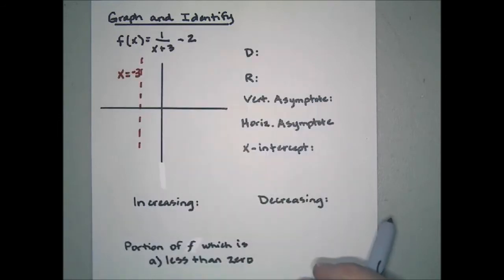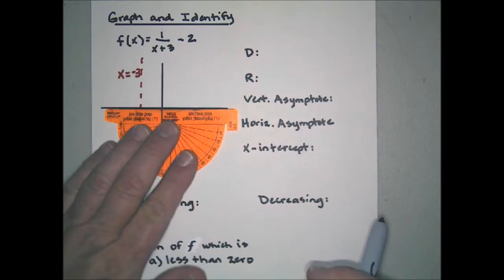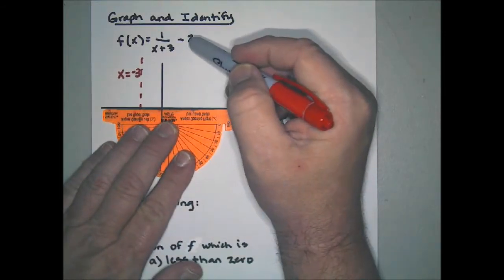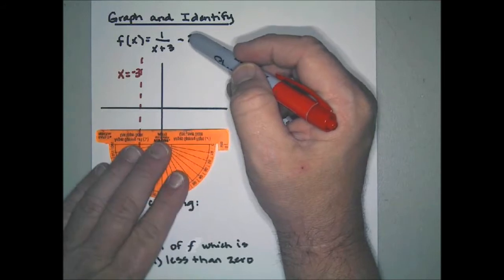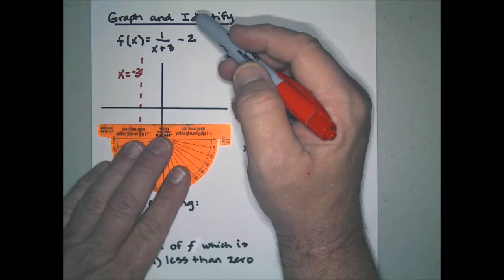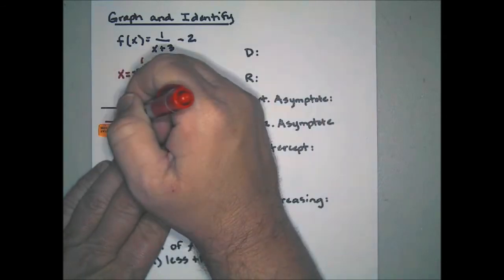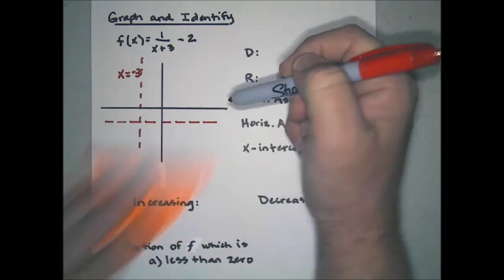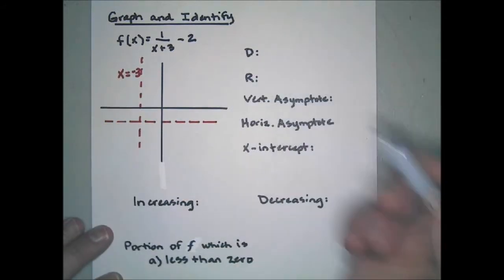Now the horizontal asymptote, which is usually right here on the x-axis, shifts down 2. So let's put that down 2, and we'll put that right here. And the equation of that asymptote is y equals -2.